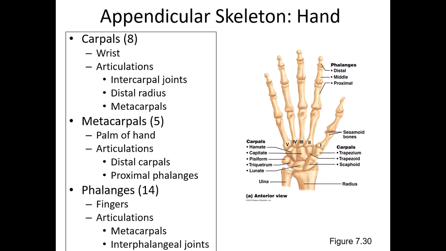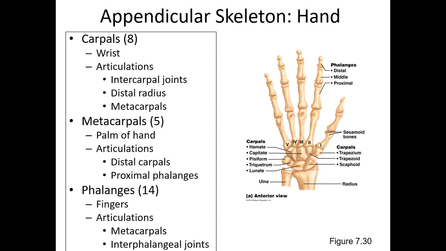And then you have 14 phalanges per hand. That's 3 phalanges in fingers 2, 3, 4, and 5, and 2 phalanges in your thumb. So thumb is considered number 1 when you're counting fingers. And so proximal, middle, and distal phalange in each finger 2, 3, 4, and 5, but only a proximal and distal phalange in your thumb.